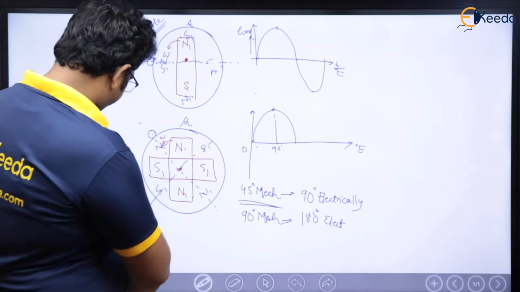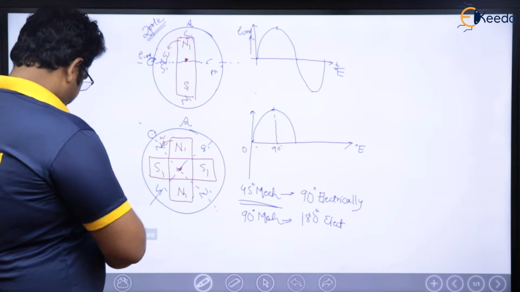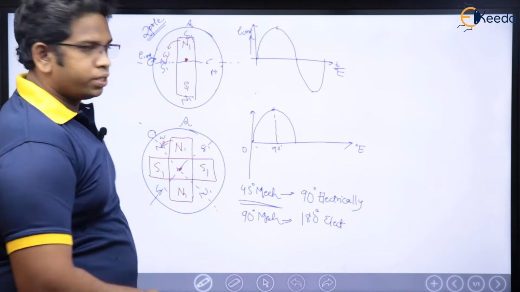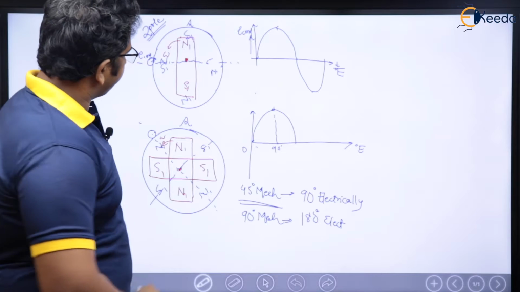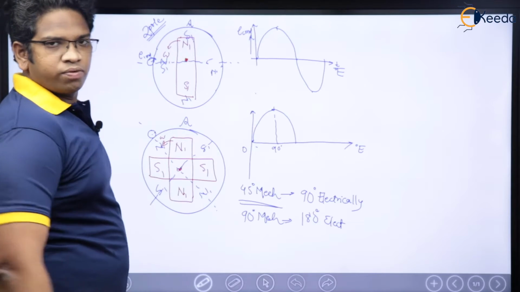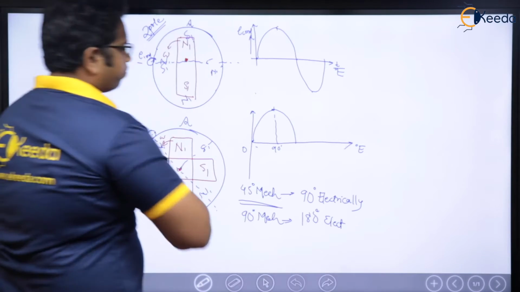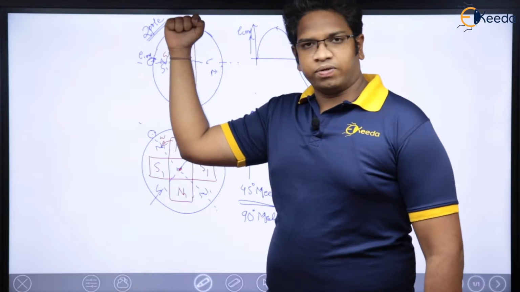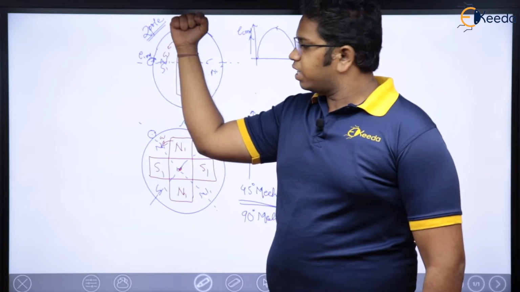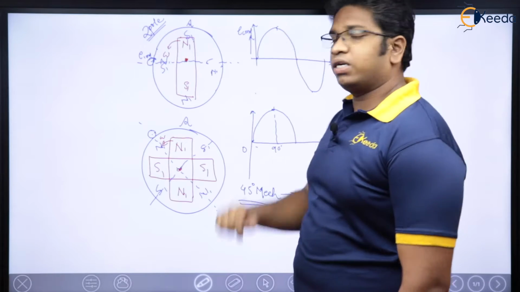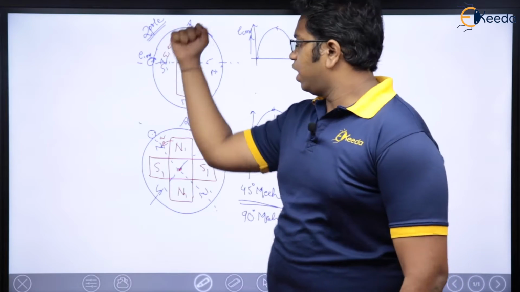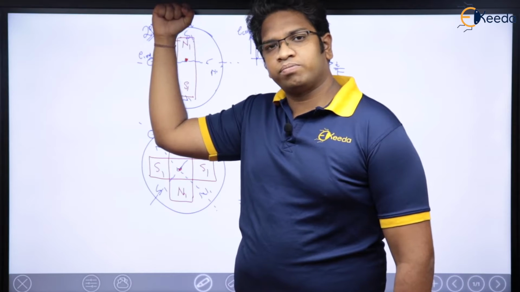Yes, it is right. See here, for a two-pole machine, this was N1, this was S1, N1 S1 this way, right? When I rotated mechanically by 90 degrees, what happened? 90 degrees electrically came here, because as of now it is going to be 0.